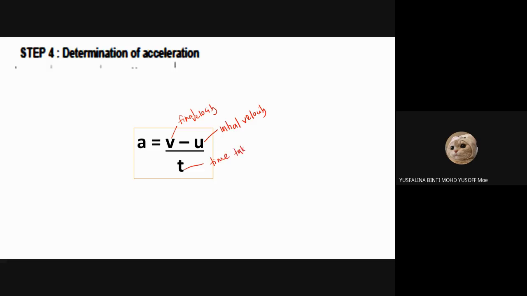Next one, how to find the acceleration. You already know the acceleration formula is v minus u divided by t, where v is the final velocity, u is the initial velocity, and t is the time taken for the change of velocity from initial to final velocity.